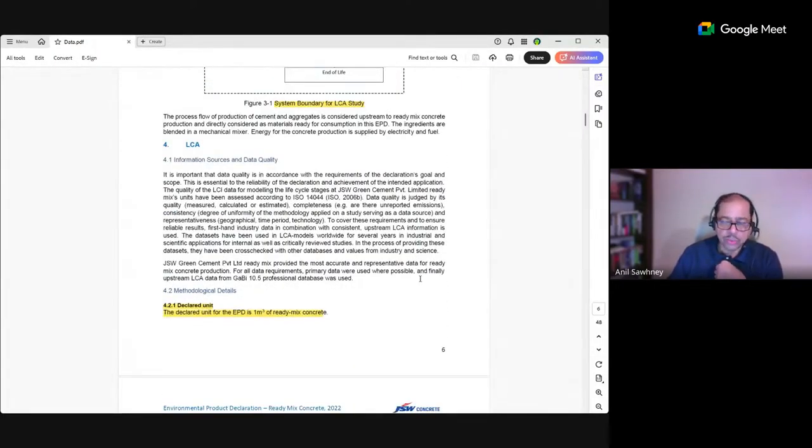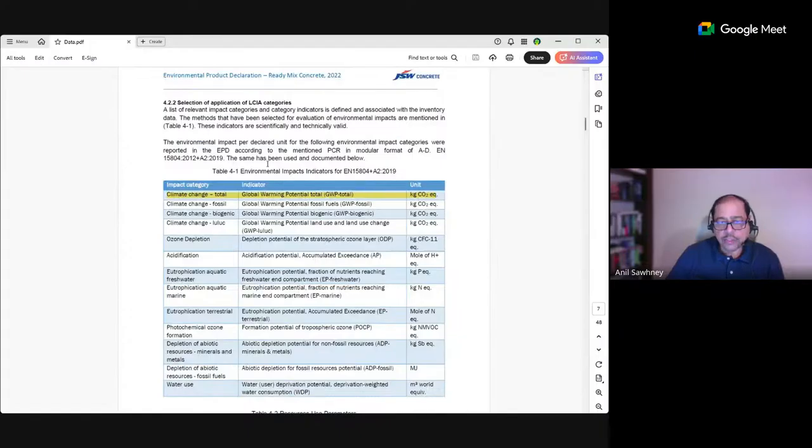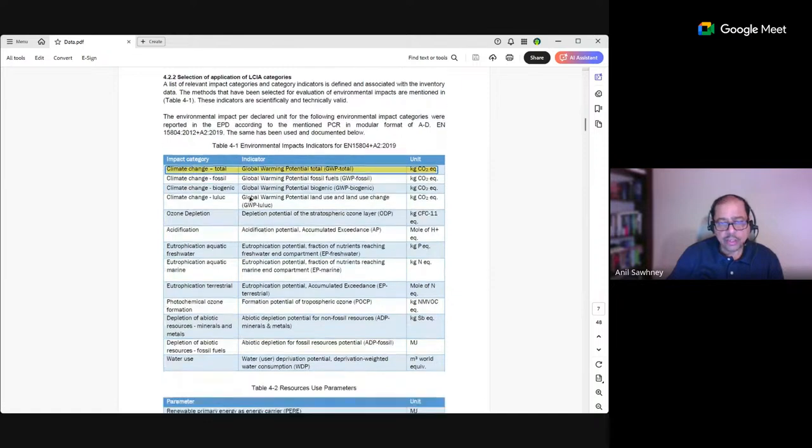Very important to make sure that the declared unit is identified. In this case, all emission values in the EPD are going to be for 1 cubic meter of ready mix concrete of a particular grade. And then, as per the EN 15804 plus A2 2019 version, these are the environmental indicators that are included in this EPD.